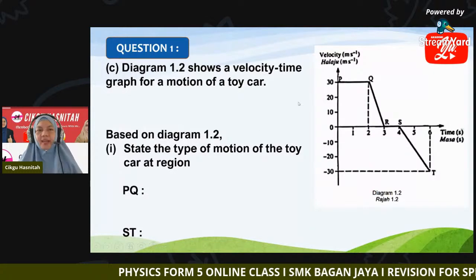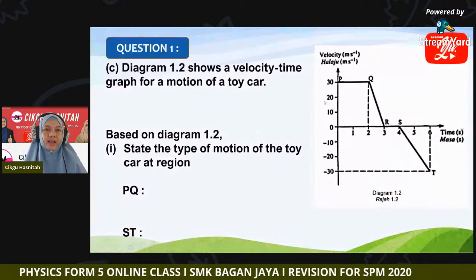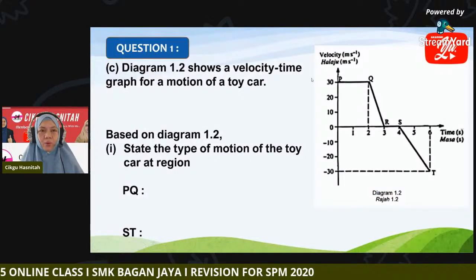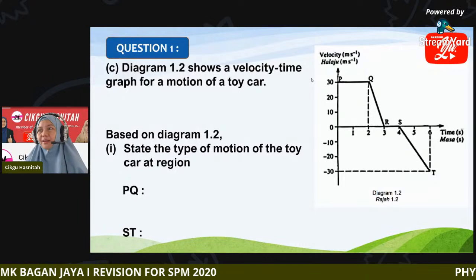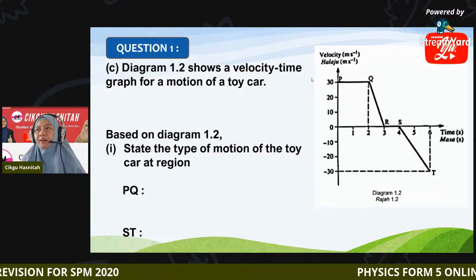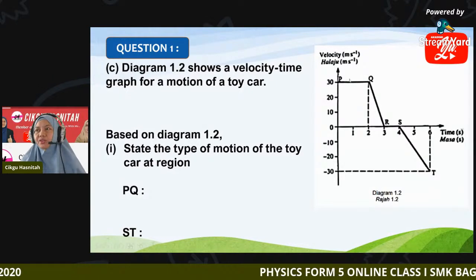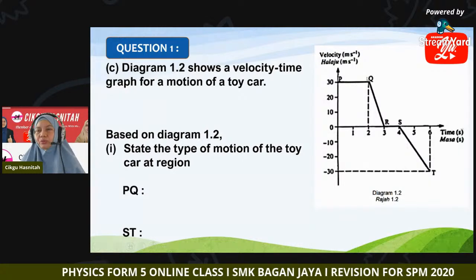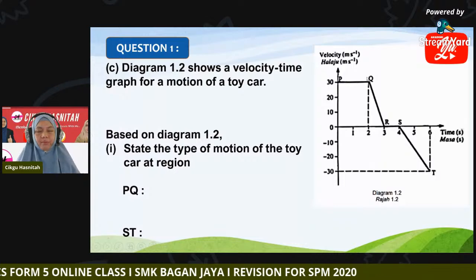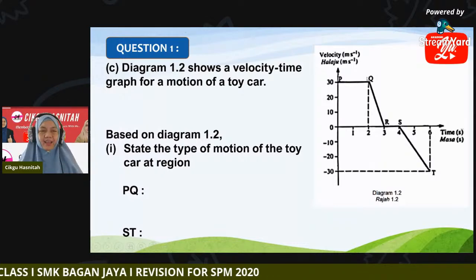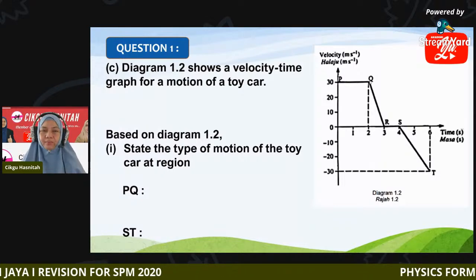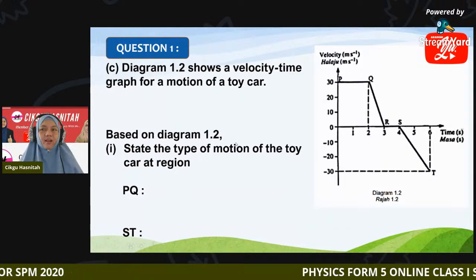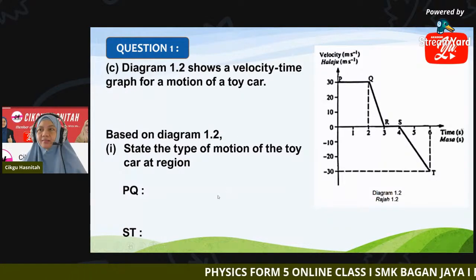What can you say about the car's velocity or acceleration? You can see PQ shows a straight horizontal line from 0 to 2 seconds. So what can you say about the motion of the toy car at this moment, PQ?